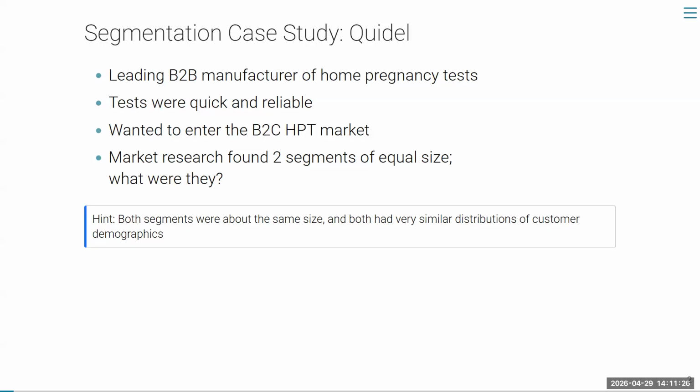My colleague did a bunch of marketing research exercises. They broadly pointed to similar conclusions. There were 2 segments in the market for home pregnancy tests. They were roughly the same size and they had very similar demographics.